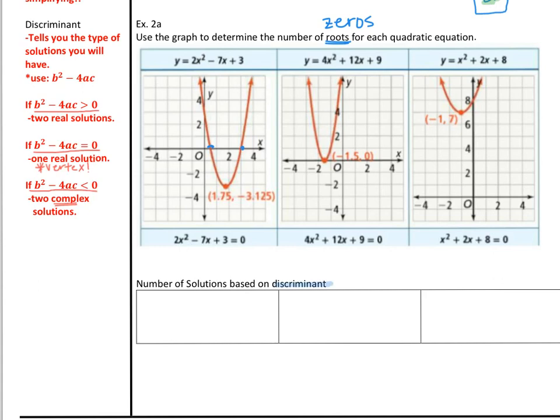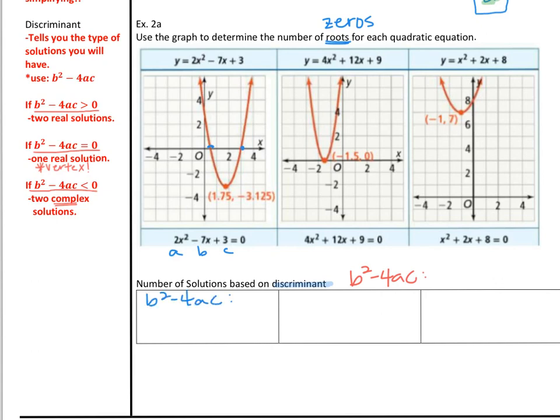The discriminant formula is b squared minus 4ac. We know a is 2, b is negative 7, and c is 3. Notice we're not using all of the quadratic formula, just that inside part, b squared minus 4ac.